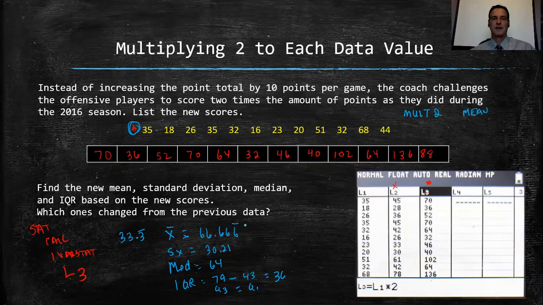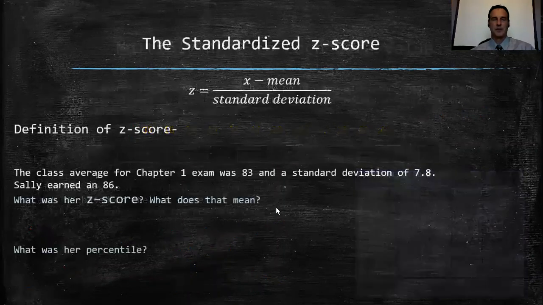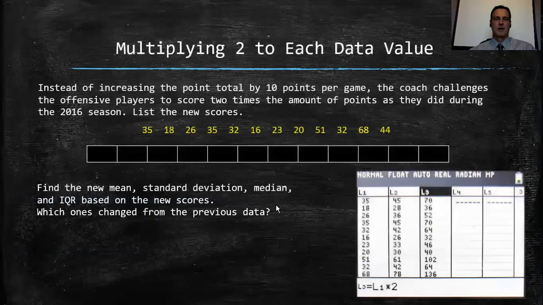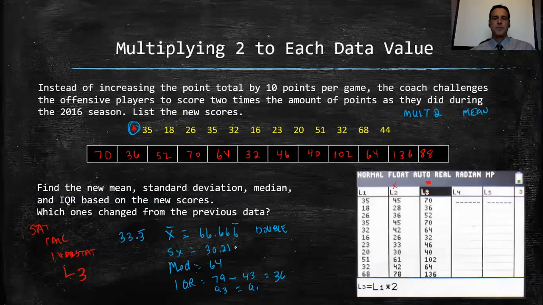In fact, you notice that it is double, multiplied by 2. Hey, what about our standard deviation? It didn't change last time when I added. Does it change now? It does. Remember it was 15.1 before? Now it is 30.21. So this also doubled. So it did affect our standard deviation.